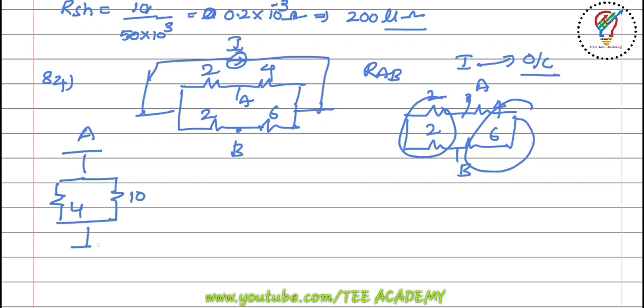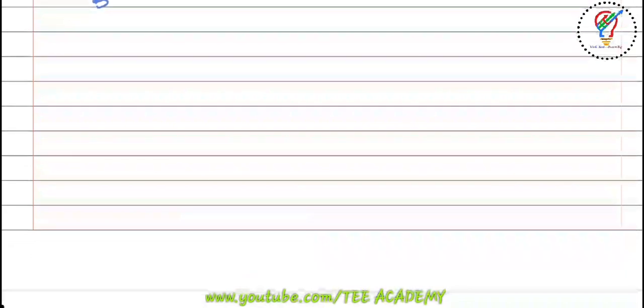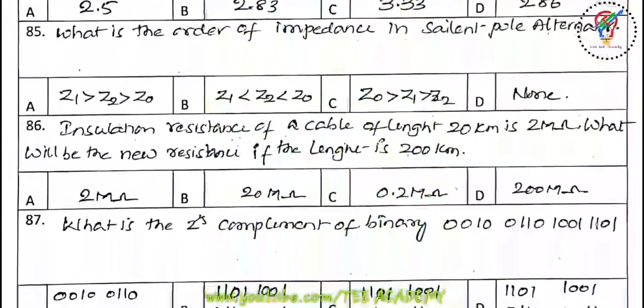Now R_AB is nothing but 4 into 10 divided by 4 plus 10. By solving this you get the answer as 40 by 14. So we'll move to the next question.